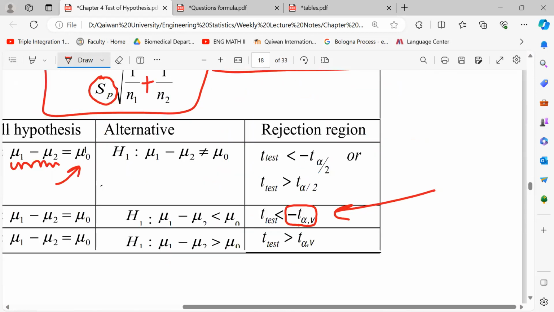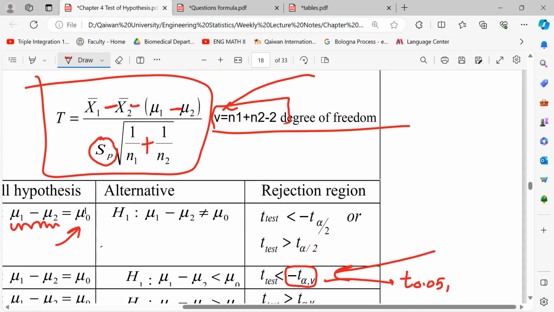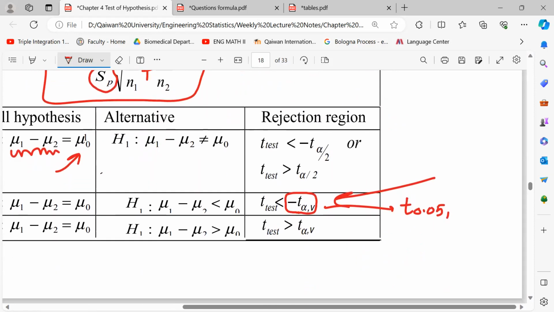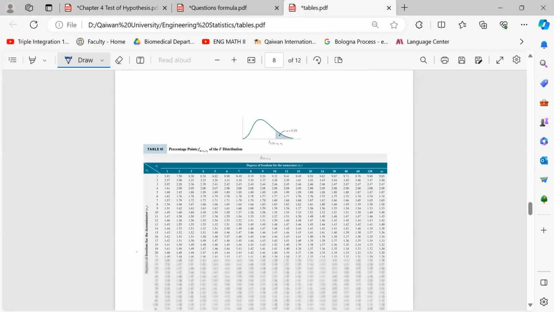So we need to find T of 0.05 and V. V is the degrees of freedom, which is N1 plus N2 minus 2. N1 is 10, N2 is 10, minus 2 is 18. Okay? Now we return to T table. In the list of tables, we look for T of 0.05 and 18.